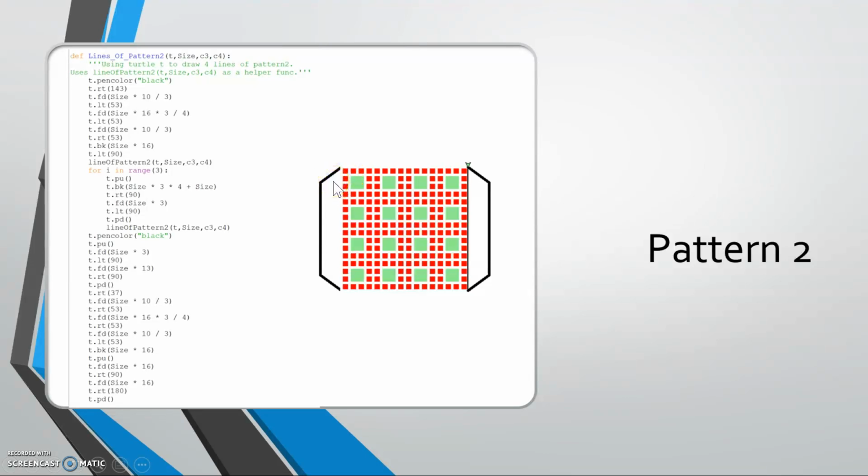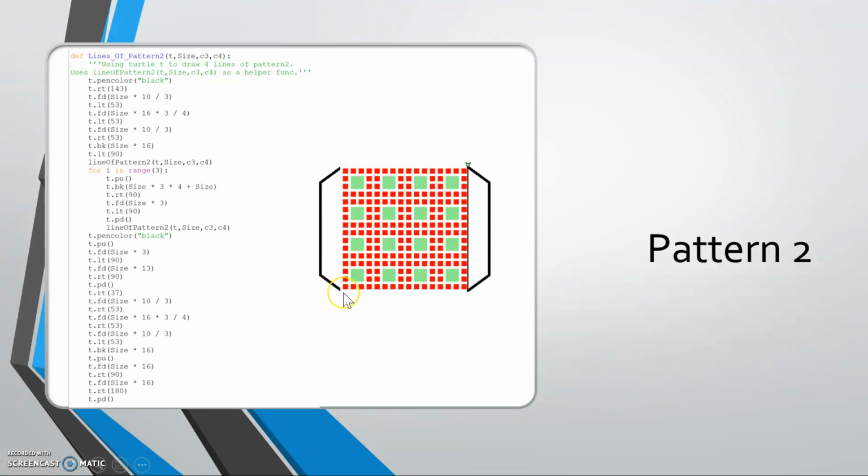So we can just use the ratio to do the math. I will let it turn an angle and go forward for size multiplied by 10/3, and I let it turn left for 53 degrees and go forward for that amount, and I let it turn 53 degrees again and go that amount, because these two sides are equal.